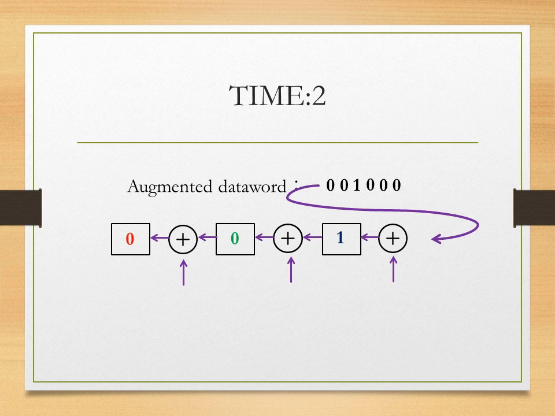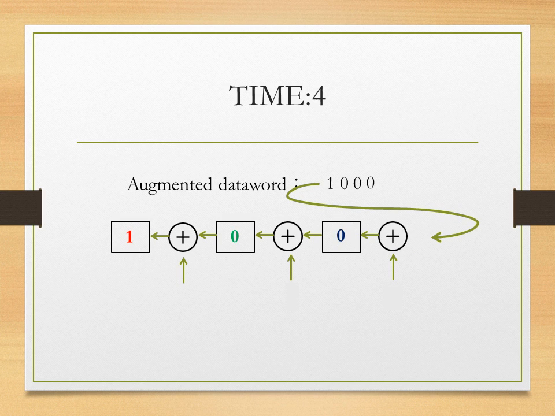This is time 2. The leftmost bit is 0, so the divisor is 000, just like time 1. Time 3. We can see in time 4, the leftmost piece is 1, so the divisor is 011.